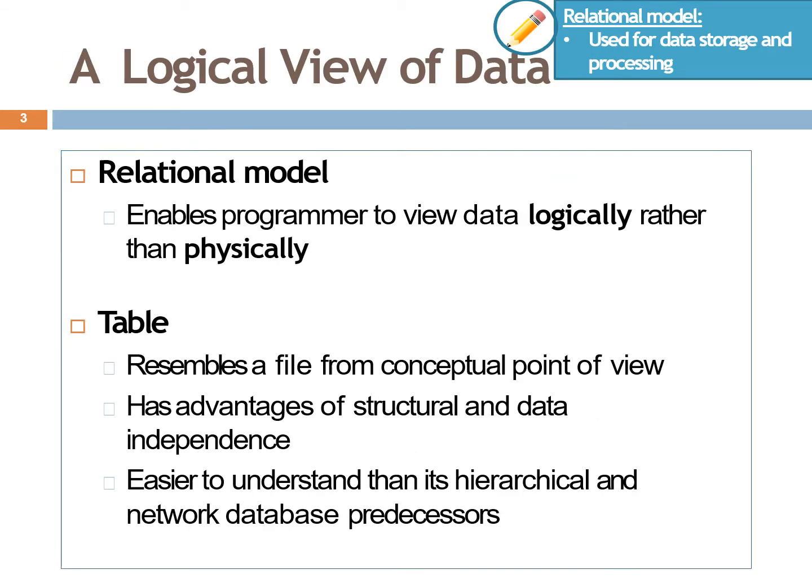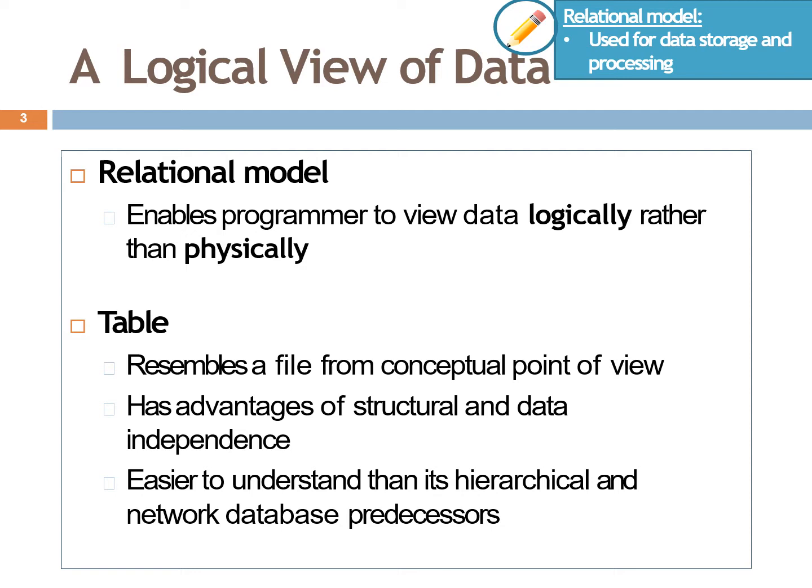First of all, we look at the logical view of data. There's an icon here. So that icon shows what is the relational model. So relational model can be said as usage for data storage and for data processing. And here we say relational model enables the programmer to view data logically rather than physically.